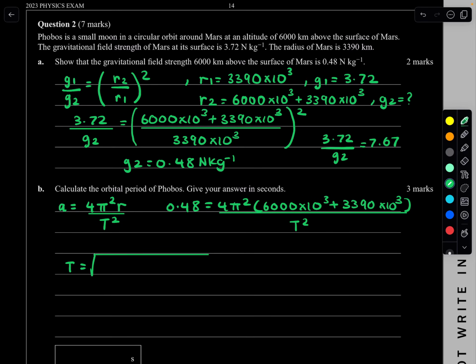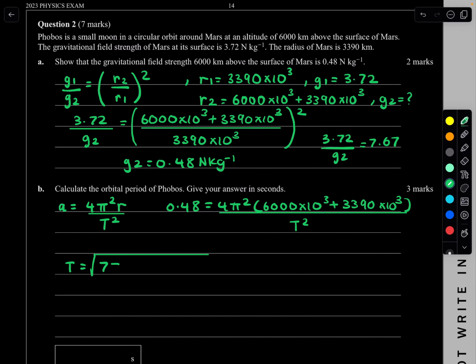So what's 4 pi squared times 10 to the power 3 plus 3390 times 10 to the power 3, to the power 0.48, and take basically the square root.